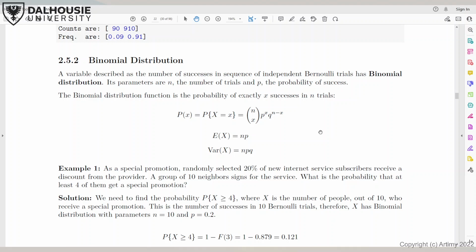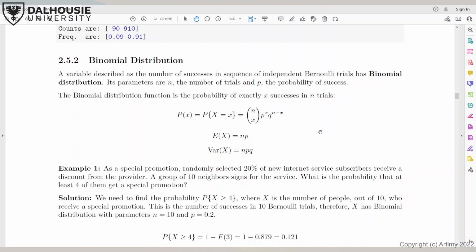Bernoulli describes one experiment, and the result will be either a success or a failure. If we are talking about multiple consecutive experiments, like what we did last time when we talked about tossing a coin 3 times and wanted to find the probability of having 3 heads in a row, that's what we will use the binomial distribution for.